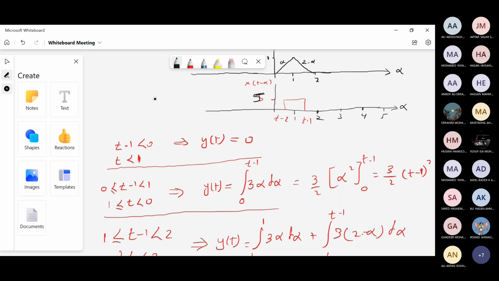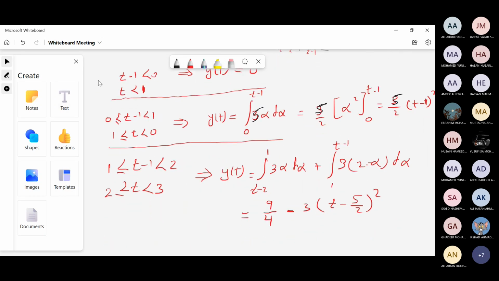So then here will be 5. This is 5. This is 5. And the second one here again will be 5. And this is 5. Okay, so then this is equal to 15. And this one is 5. And this is minus 5 over 2.